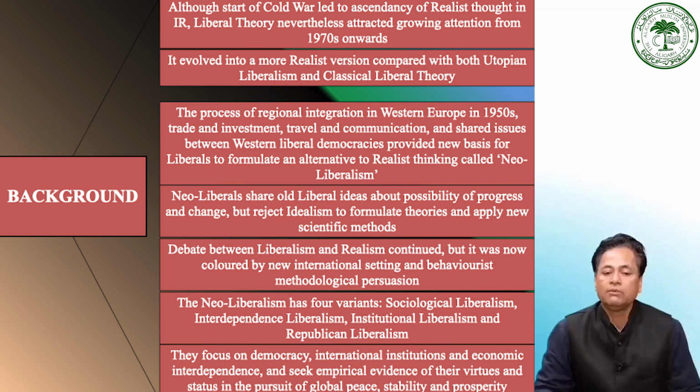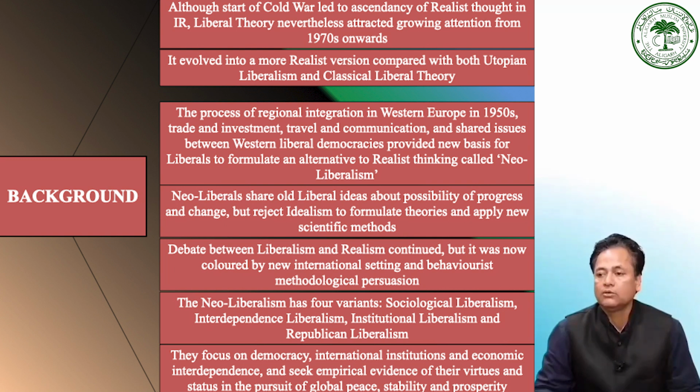Neoliberalism has four variants. They are sociological liberalism, interdependence liberalism, institutional liberalism, and republican liberalism, which basically focus on issues of democracy, international institutions, and economic interdependence, and seek empirical evidence of their virtues and status in the pursuit of global peace, stability, and prosperity.